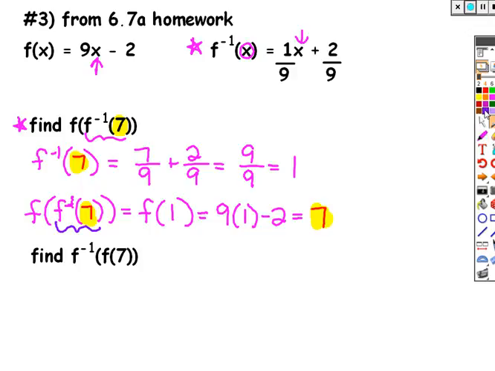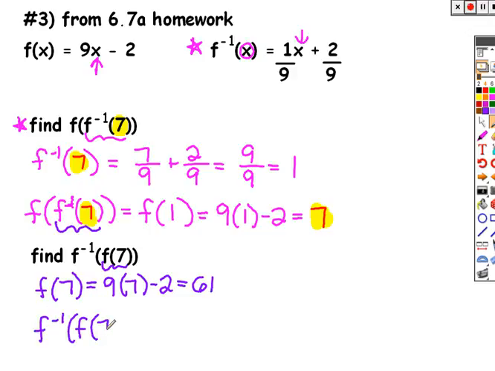Let's check the other way. What if I want to do f inverse of f of 7? Okay, so let's start with f of 7. I input 7 into function f. 63 minus 2 is 61. So really what I'm asking you to do, f inverse of f of 7, well, that would be the same as saying, well, f of 7 is actually 61.